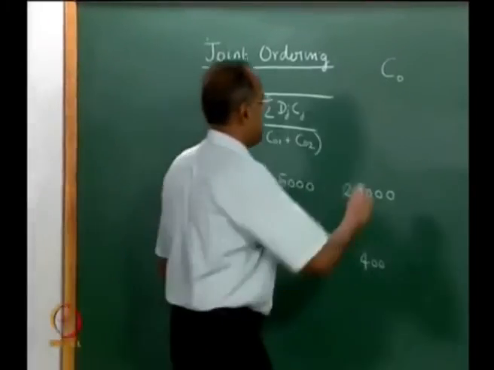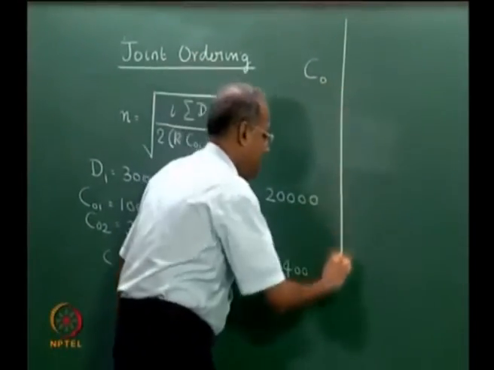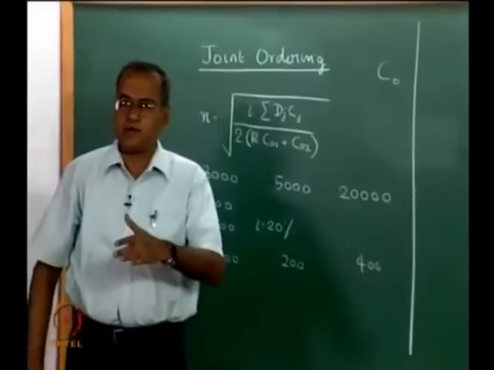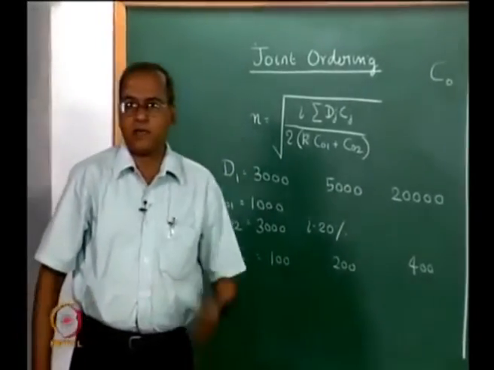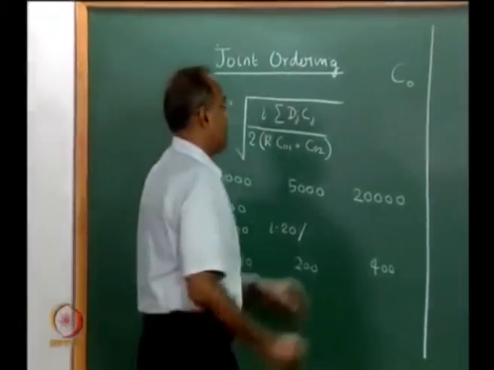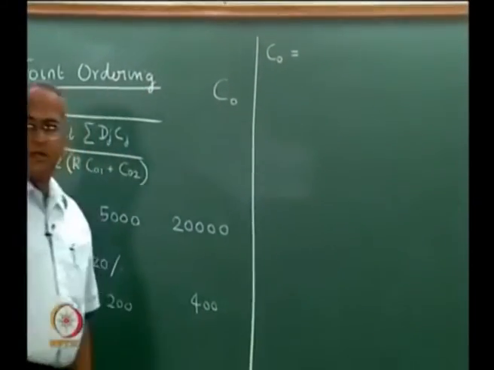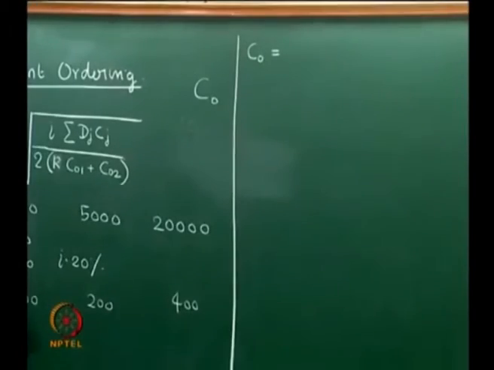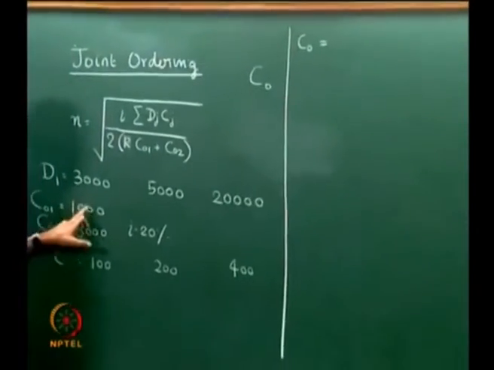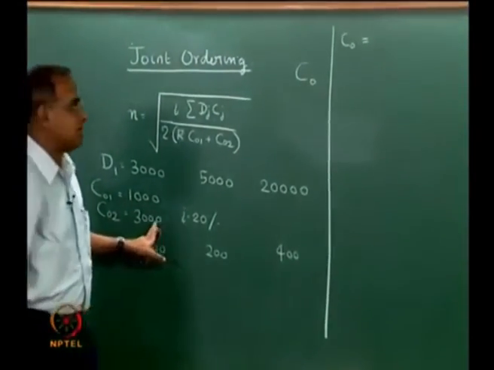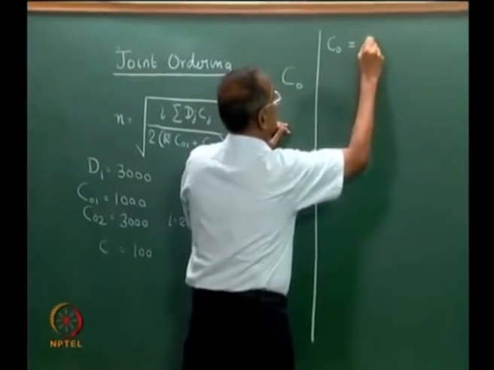So, we look at the first situation when the 3 items are ordered separately according to their economic order quantities. If we do that, C naught for each item will be the sum of the admin cost, which is 1000, and the truck cost, which is 3000. So, C naught will be 4000.